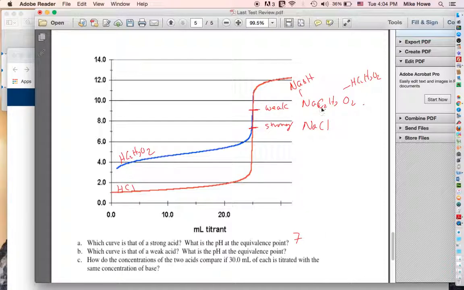How do the concentrations of the two acids compare if 30 milliliters of each is titrated with the same concentration of base? Did you notice that it takes the same amount of base to neutralize both of the acids? Because the acids are neutral when you hit the end point, the equivalence point. So neutralization has occurred when you hit the equivalence point.